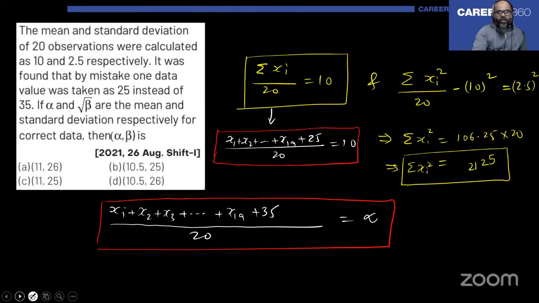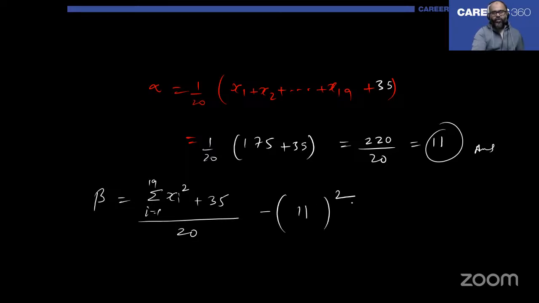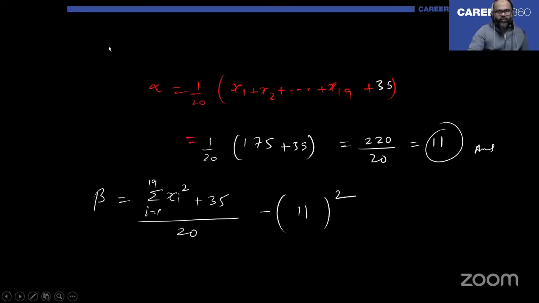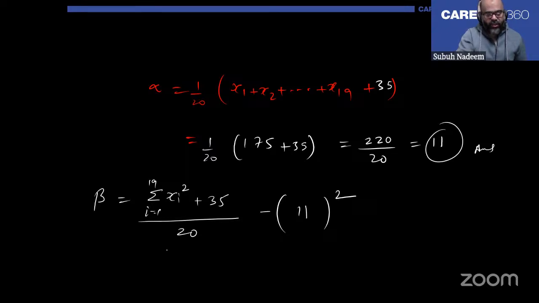The variance of the correct observations will be sigma of xi square from i equal to 1 to 19 plus 35 square, divided by 20, minus the correct mean squared. The correct mean is 11, so 11 squared.